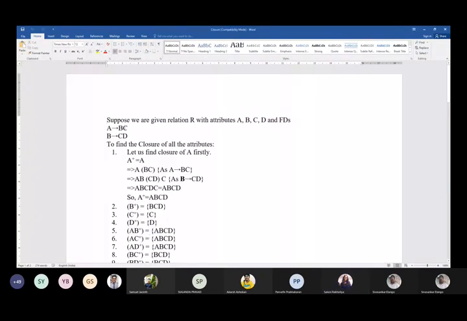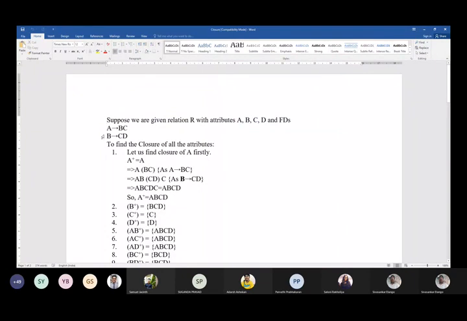Right. So for example, suppose we have a relation R with attributes A, B, C, and D, and you have some functional dependencies: A determines BC, B determines CD, right? We are expected to find the closure of all the attributes.